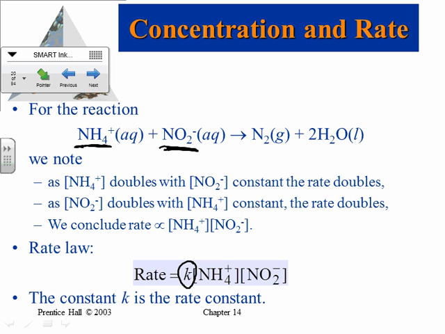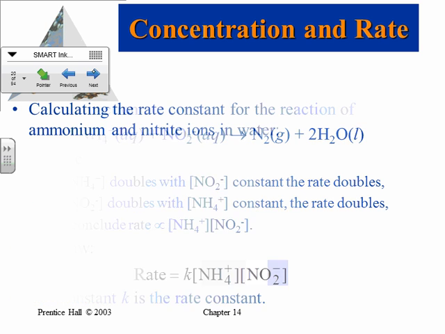The thing that you can't see very clearly on this is that there's actually an understood exponent of 1 on both of these. When there's an exponent of 1, it means the concentration is directly related to the rate. So if you double the concentration, you double the rate for each of those different species. We'll get into this a little bit more.